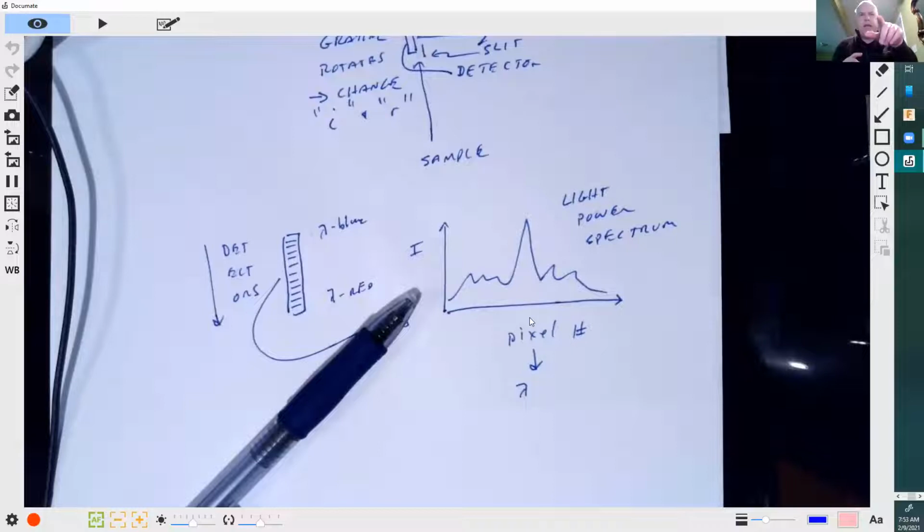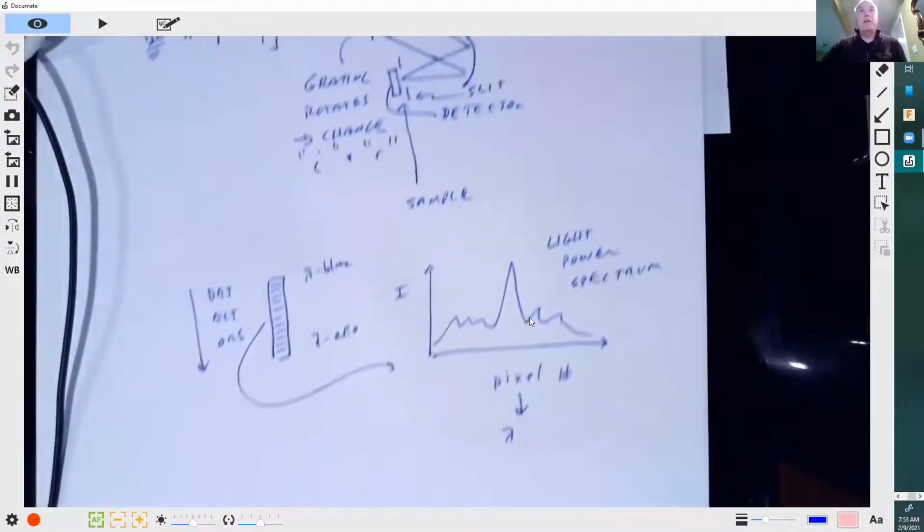CMY, and then RGB. Anyway, they have three colors, and they just reproduce those colors on the screen, and they add them together, and our eyes can't tell the difference. But if you want actual wavelength discrimination, then you need a monochromator.